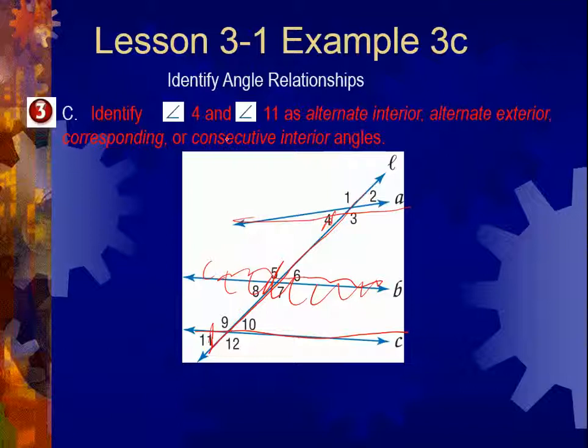They're going to be consecutive, or they're going to be corresponding. So let's check out consecutive. Are they both inside? Nope. Are they both outside? Nope. Instead, they are both in the same quadrant. This is lower left and this is lower left. Therefore, our answer is corresponding.